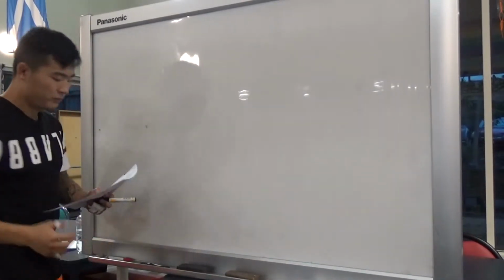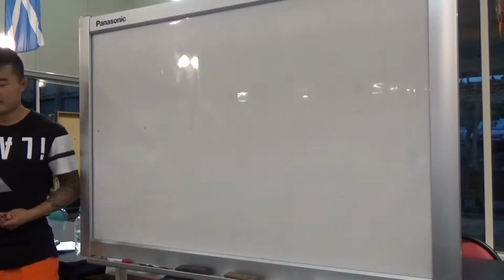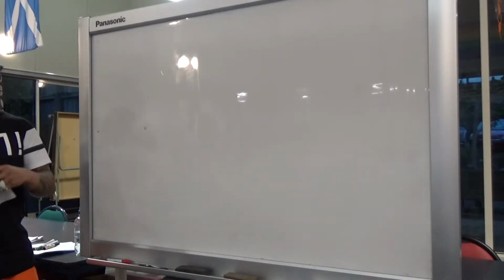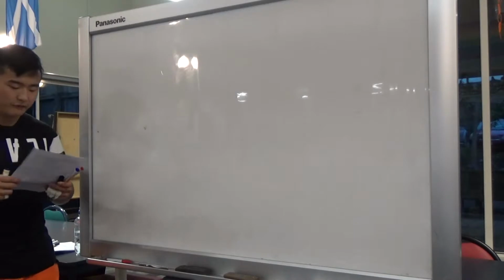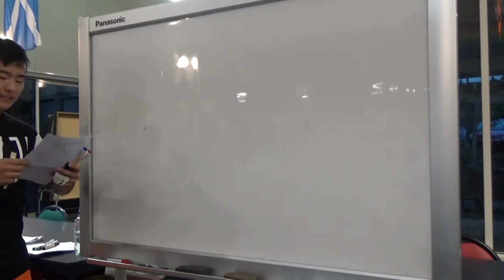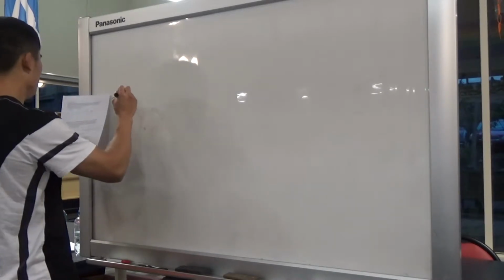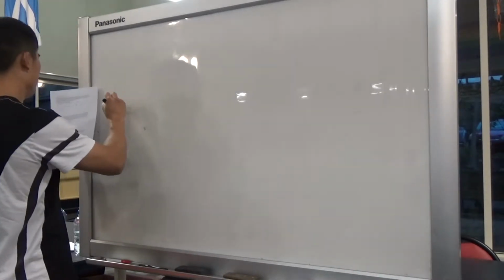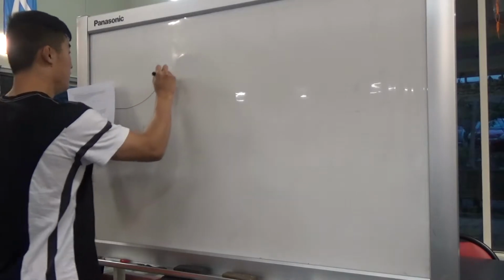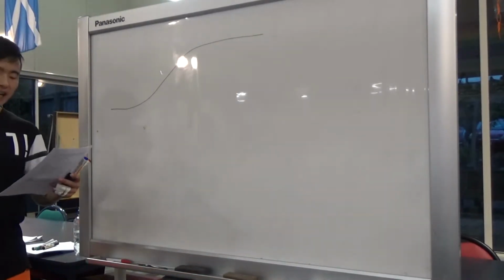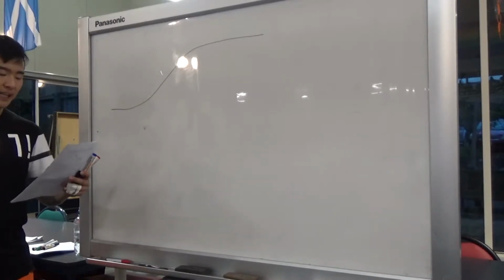Question 2, water flows with constant velocity through a pipe which runs up an inclined bank. The pipe is at an initial height of 1 meter and rises to a height of 3 meters. The cross-section of the pipe does not change, and the pressure of the water in the pipe at the height of 1 meter is 90 kilopascals.